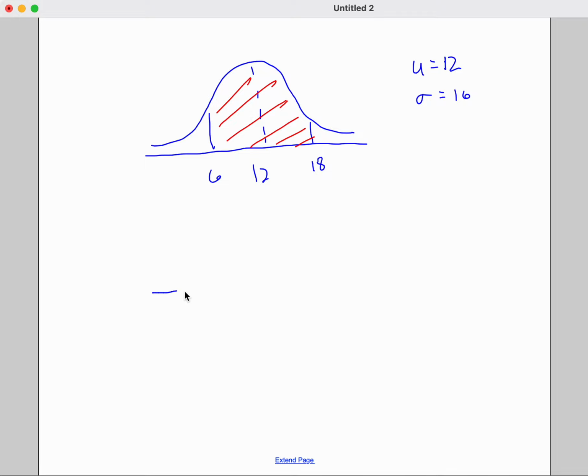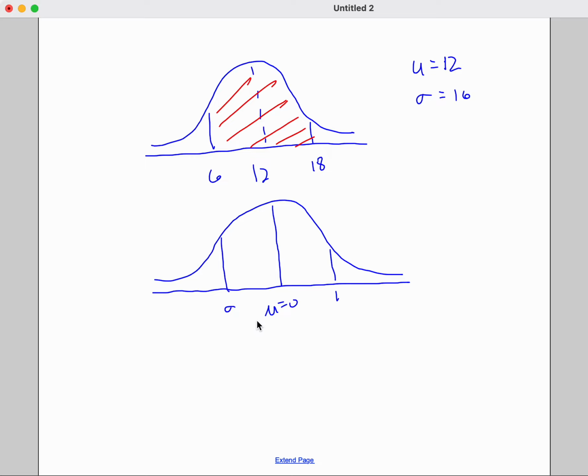Now, a standard normal distribution, okay, I said deviation, it's distribution. Oh my God. A normal distribution could be this, but a standard normal distribution has a mean of 0 and a standard deviation of 1.